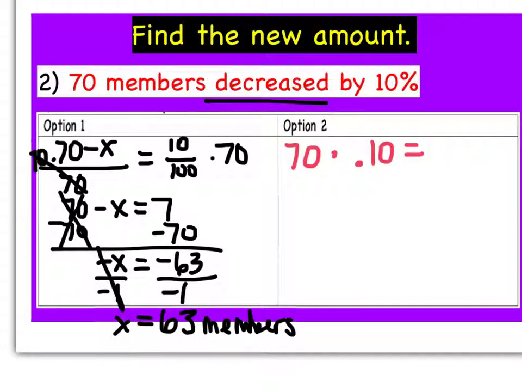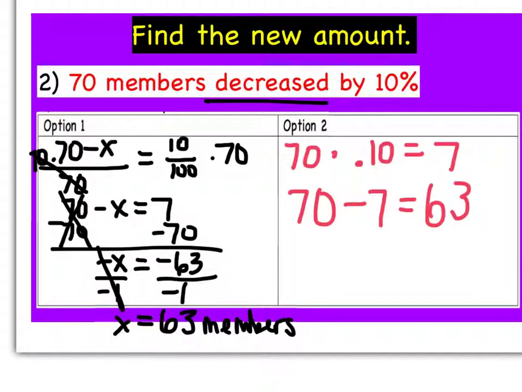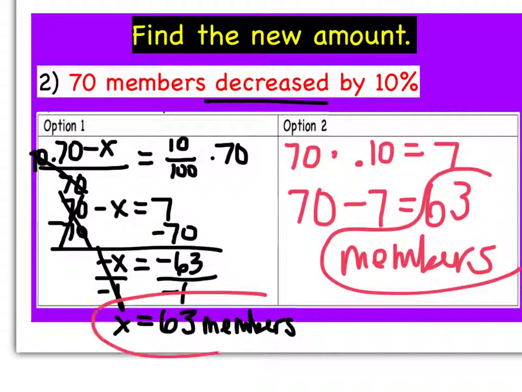So when I do that, I'm going to get 7 members. Step number 2, 7 is not our final answer. So step number 2 is we need to go 70 minus 7 equals our 63. Of course, we need a label, so we're going to write 63 members. No matter if you chose this option or this option, it will get you the exact same answer.